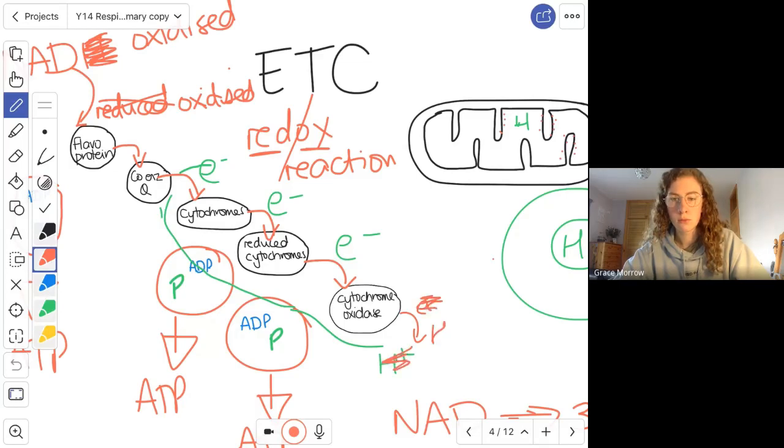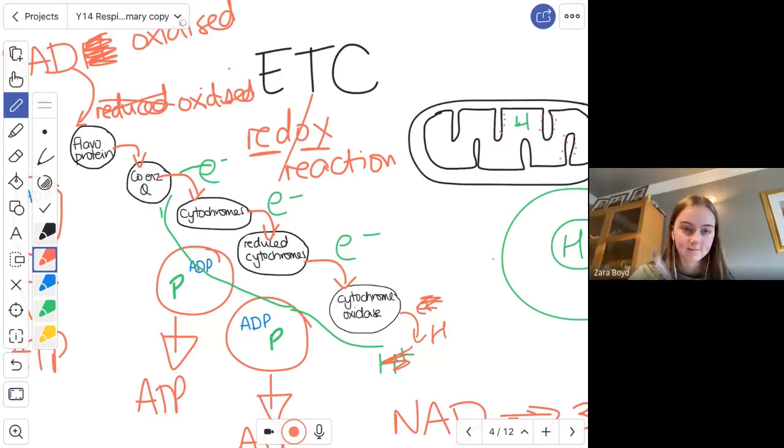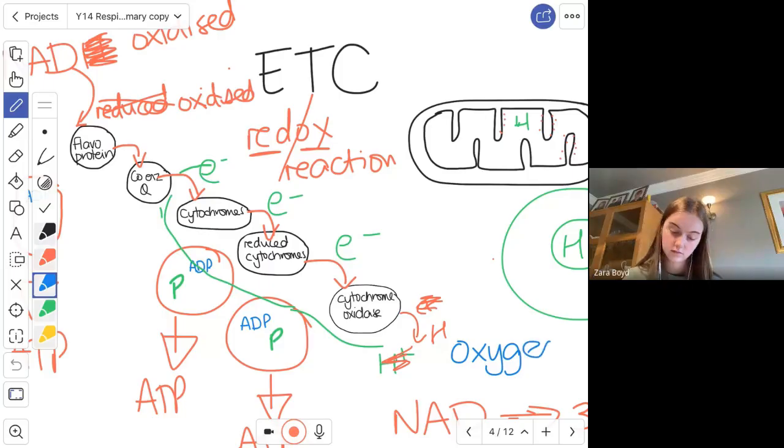Can anybody tell me what the final molecule that accepts the hydrogen is in this chain of events? What's the very last thing to pick up the hydrogen? Oxygen. Yeah, so that's really important. We need to have oxygen there to pick up the hydrogen, and obviously hydrogen and oxygen together make water.